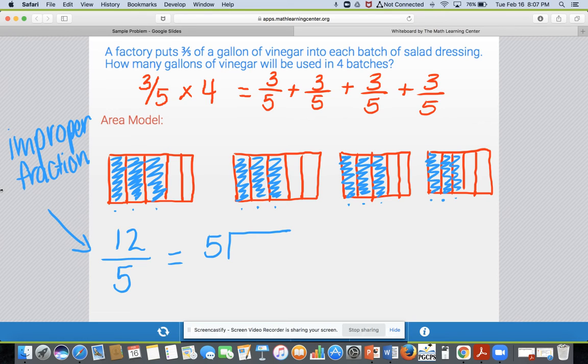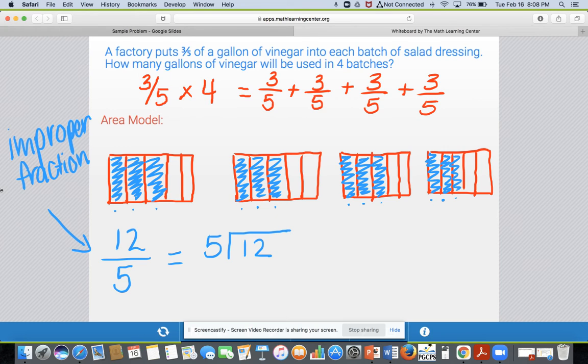So your denominator goes on the outside as your divisor, and your numerator is your dividend. So it goes on the inside of your little house. So now we're going to figure out how many times does 5 go into 12. So if you know it off the top of your head, you might be able to easily figure it out.